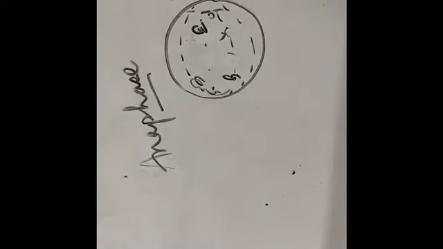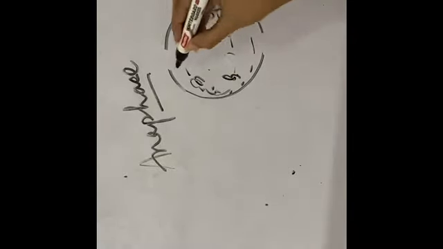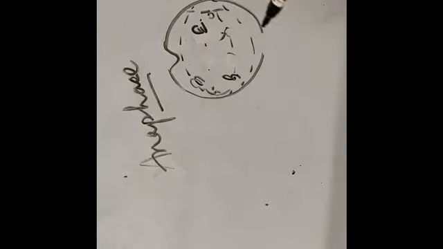And apart from that, a furrow starts appearing on the outer region of the cell. This means that now the cell is ready to split. The nucleus is almost already split up. Now it's the turn of the cell.